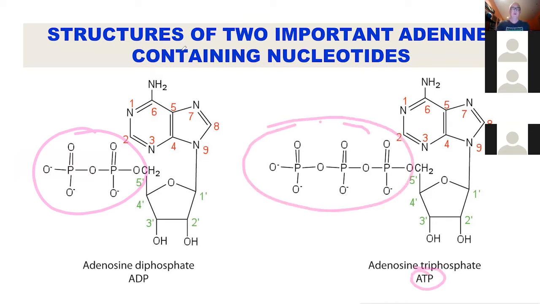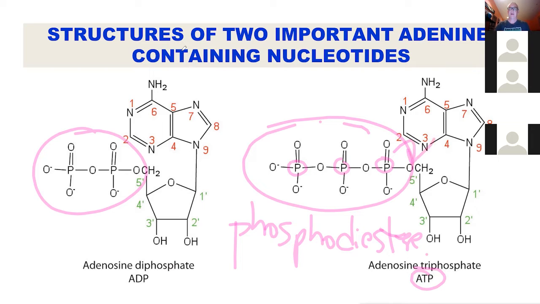And these are what we call the phosphodiester bonds. And why are they called that? Well, because they have phosphorus in the middle. And you can see that it has an oxygen on both sides. So this phosphorus is making an ester bond there, and it's also making an ester bond there.